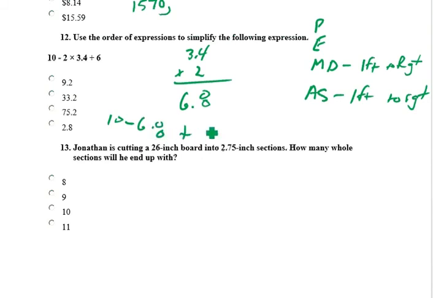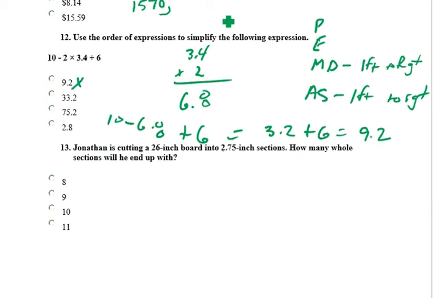And now we do addition, subtraction from left to right. So 10 minus 6.8, that's 3.2. You can trust me. 3.2 plus 6. So I get 9.2. First answer is the correct answer this time.